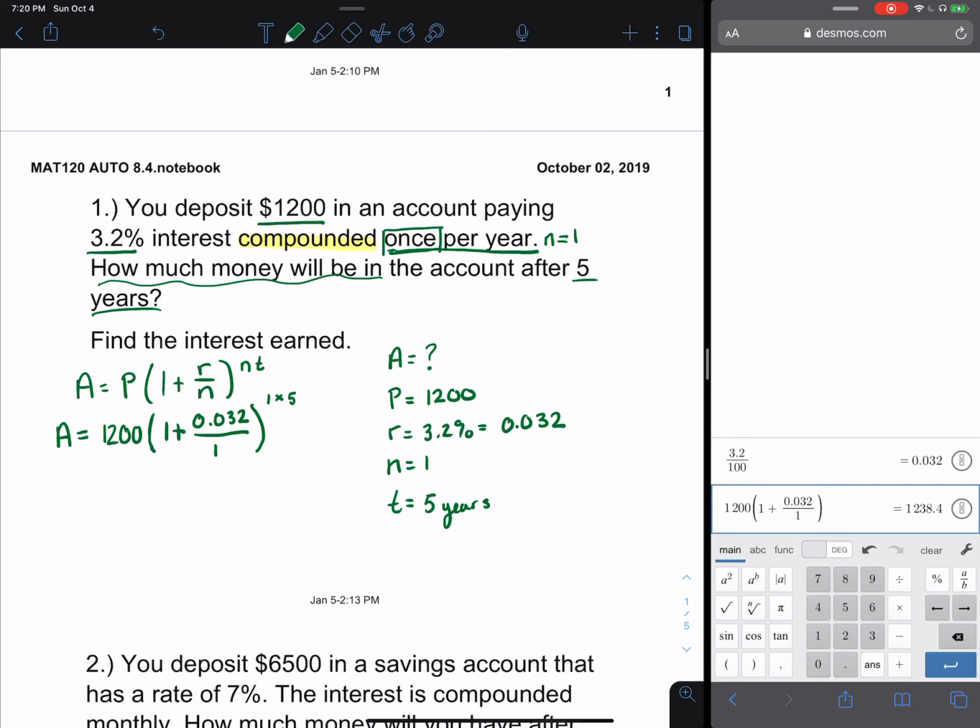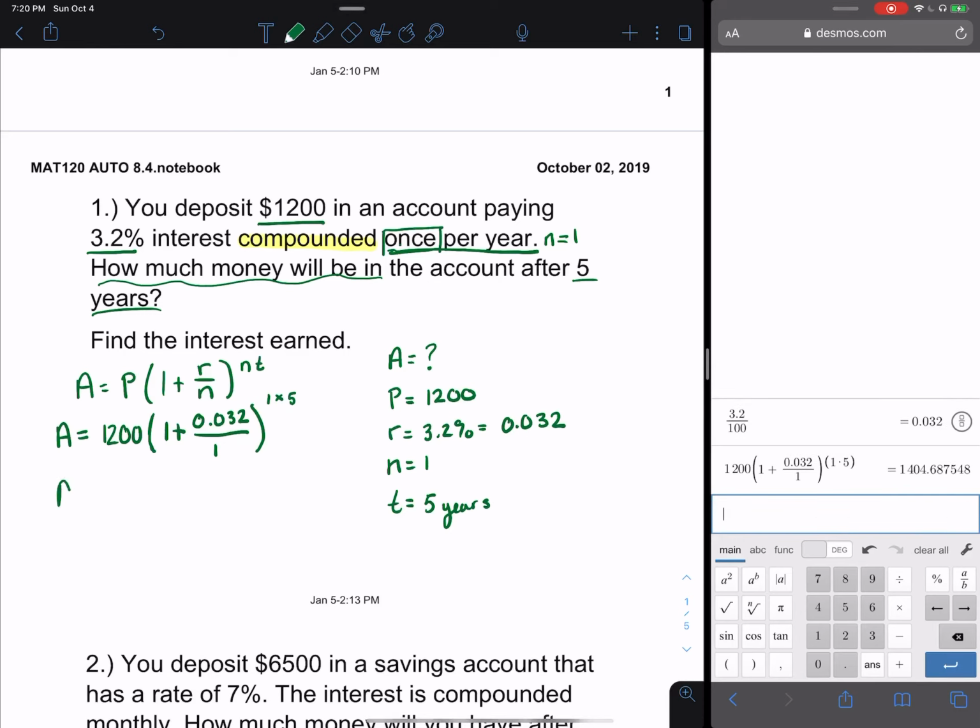Now I need to get an exponent. So I'm going to hit this button that's in the top middle on the left-hand side that says a to the power of b. So it puts me up in the exponent. I need to open up parentheses again. I'm going to do 1 times 5 and then close my parentheses.